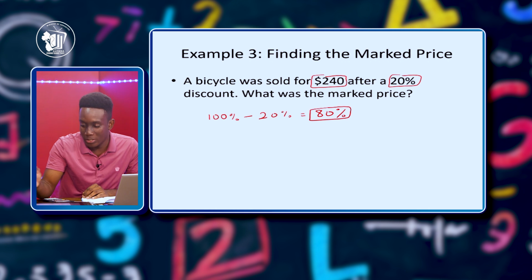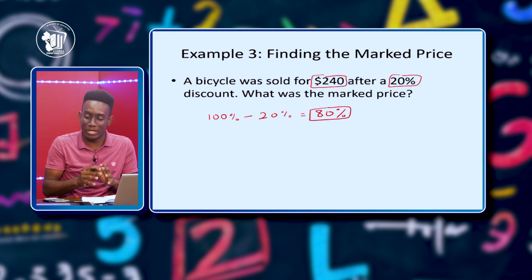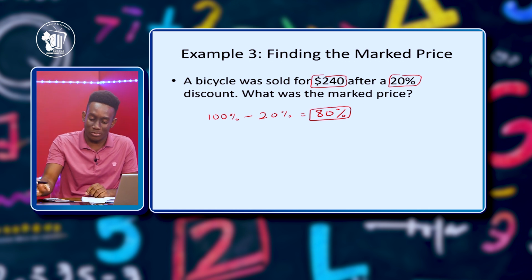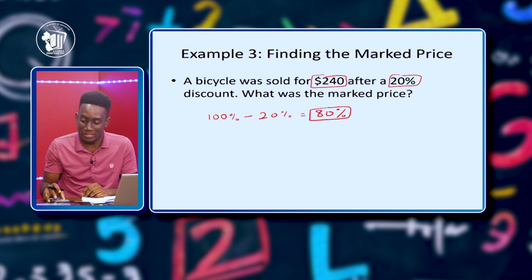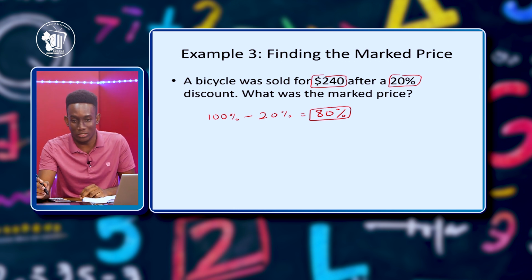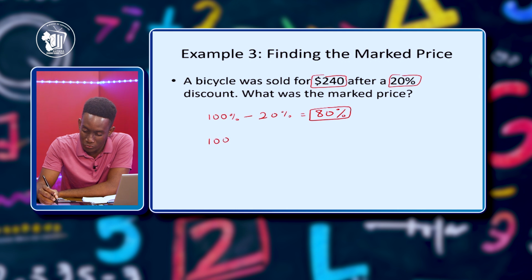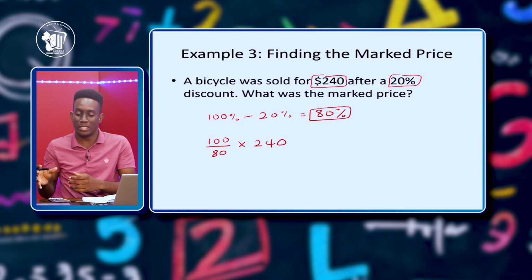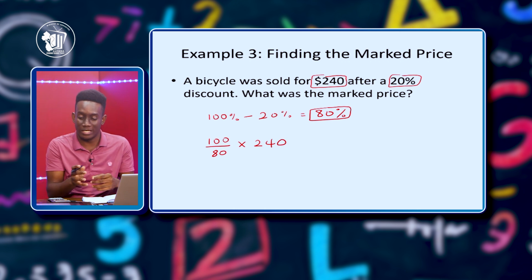So to find the marked price, we'll take this 80% and we'll put 100 over the 80%, because we know 100 will give us the total. So if we put 100 over 80 and we multiply it by the 240, that will reverse what we did to find the original cost of the item.